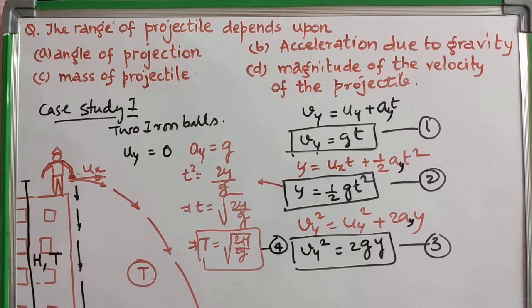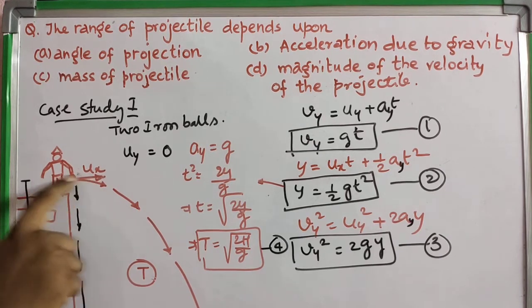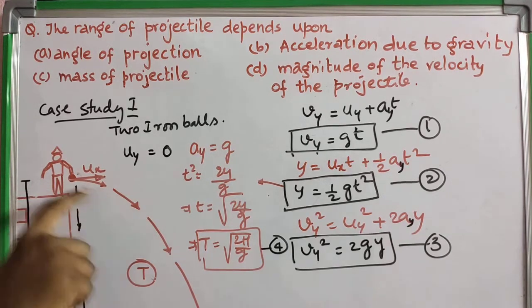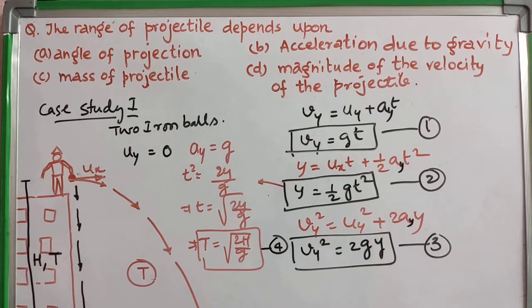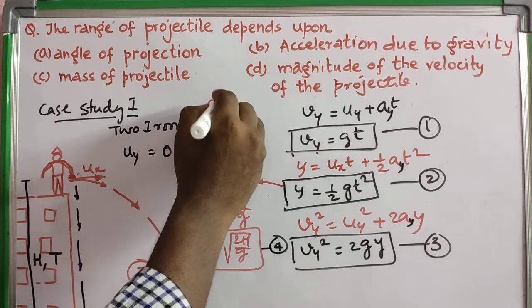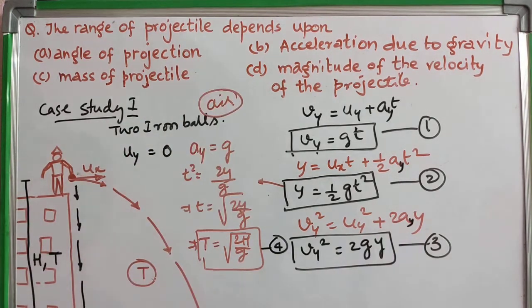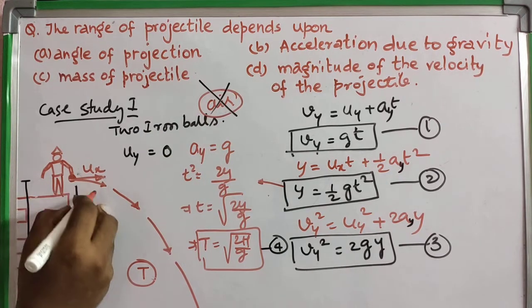First, when I have thrown the body in this direction, see that there is an iron ball, and the air is not going to affect it. The iron ball has enough weight so that the air is not going to affect the motion. That's why I have taken these iron balls.